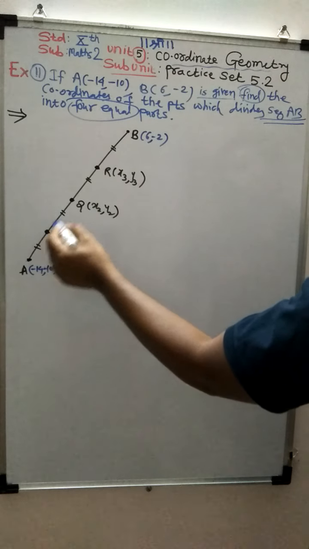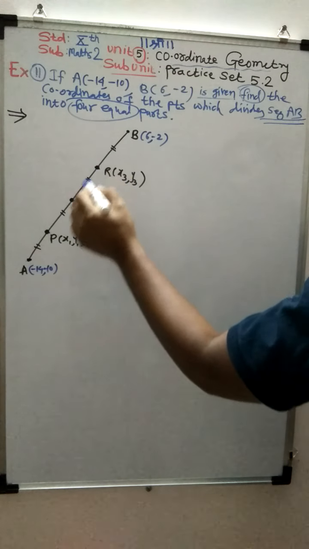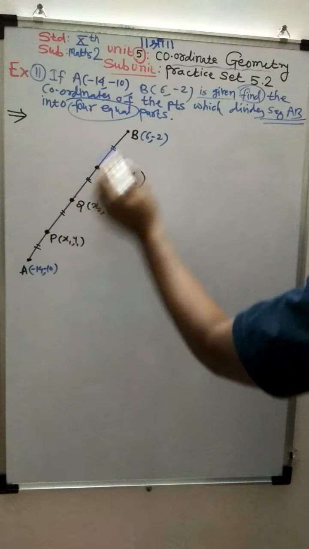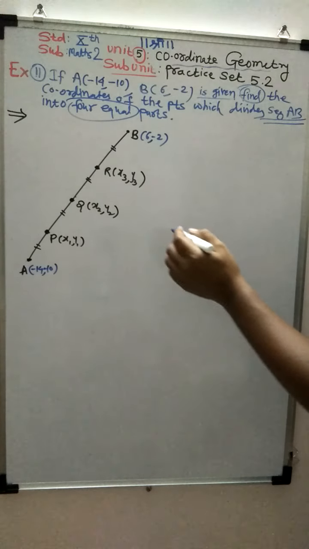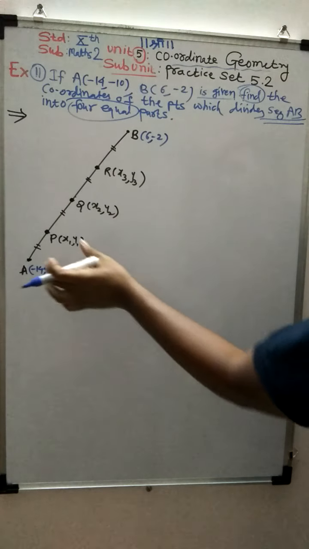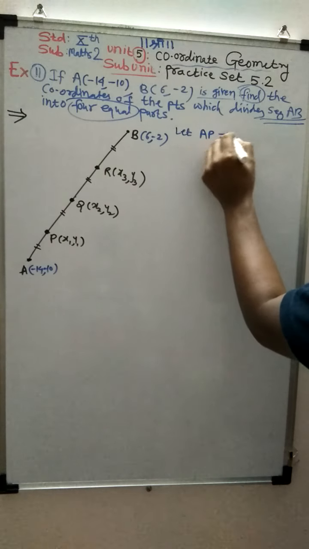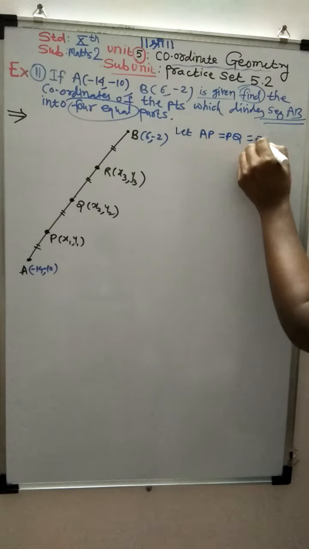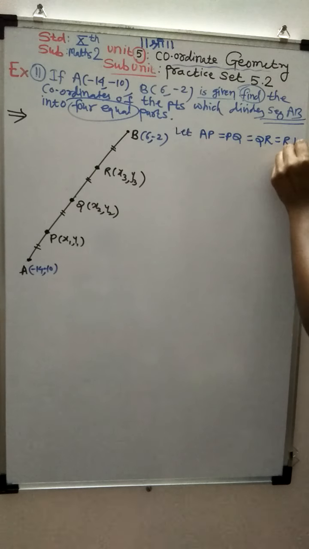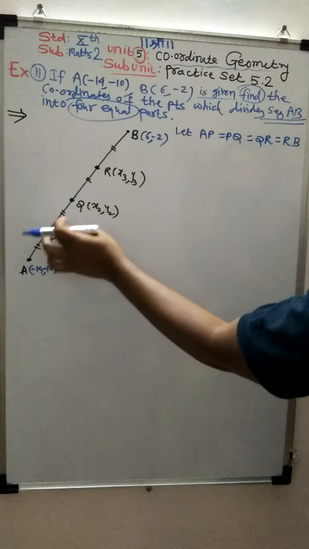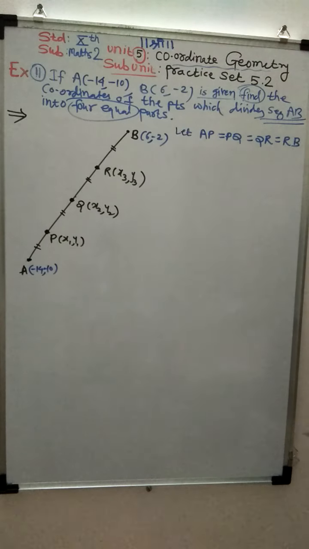Here P, Q, R are 3 points such that segment AB is divided into 4 equal parts, where AP, PQ, QR and RB are congruent, 1, 2, 3 and 4. P, Q, R divide segment AB into 4 congruent parts.